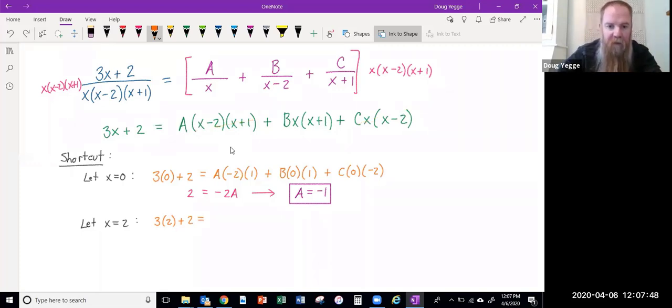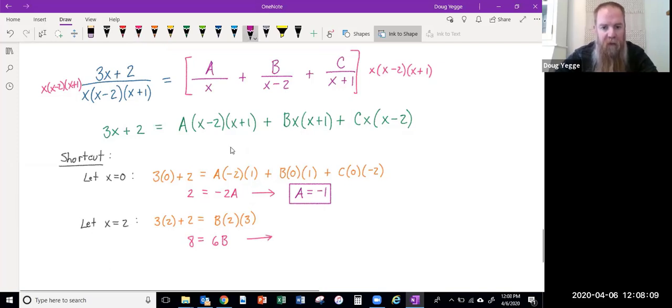So all that's left on the left side is b times 2 times 2 plus 1, which is 3. This gives me 8. 6 plus 2 is 8. Equals 6b, which tells me that b is equal to 8/6 or 4/3. And I found the second one.